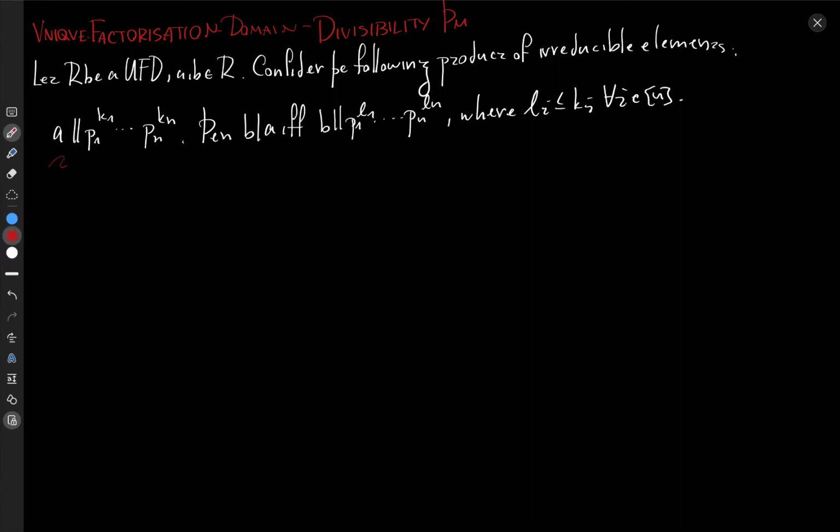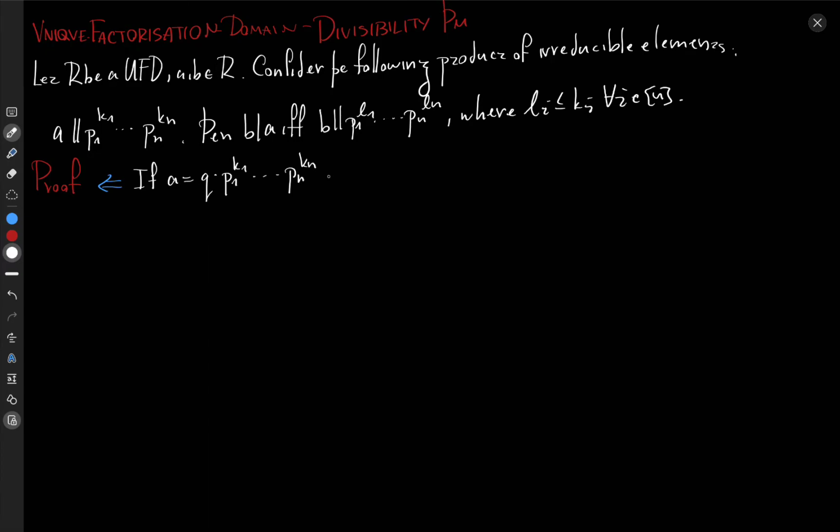Okay, now the proof. So the first implication. Let's do first right to left. If A is equal to some Q times P1 to K1, etc., which follows from the associativity, by the way, now we have our product of irreducible elements.